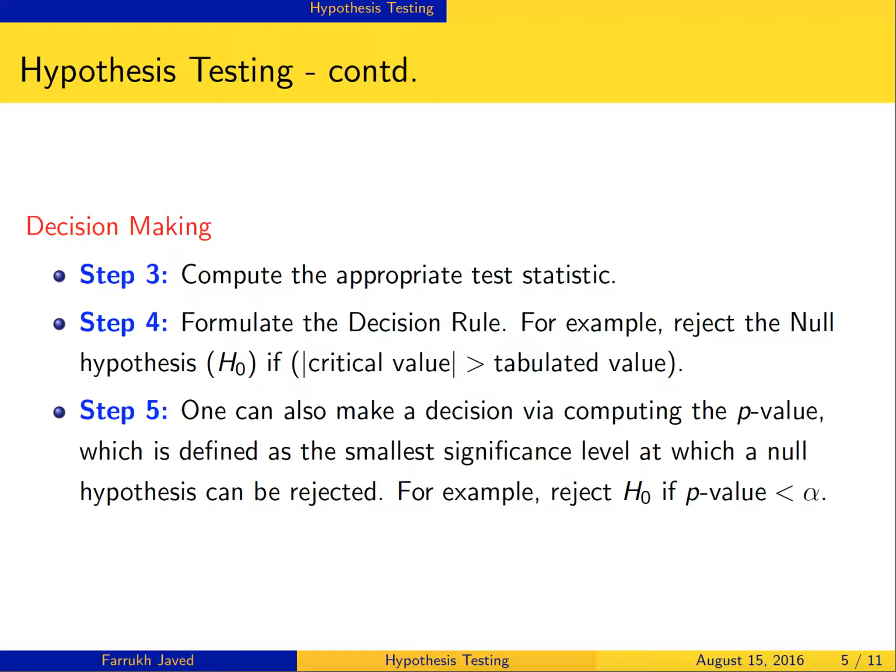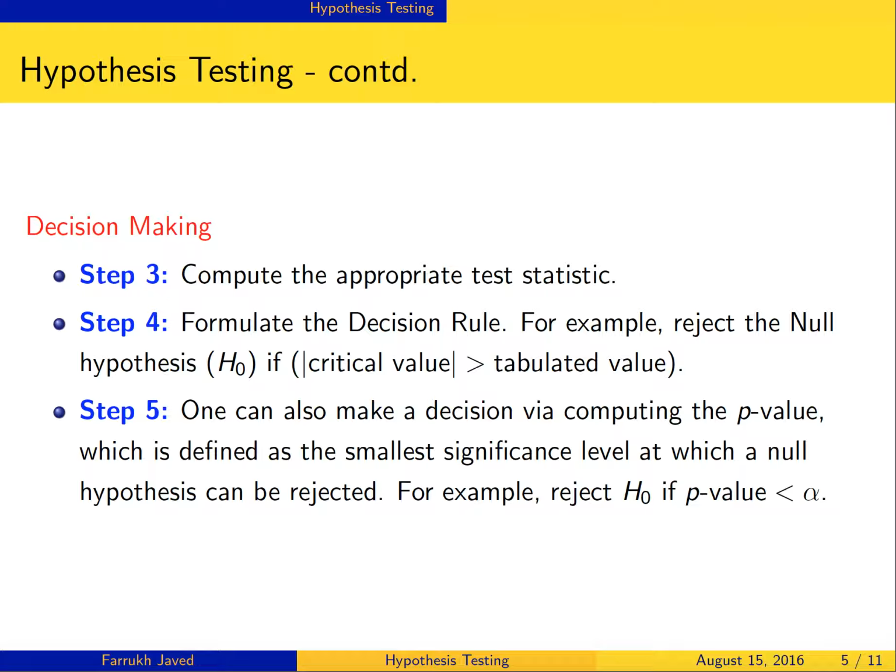Well, the p-value is defined as the smallest significance level at which a null hypothesis can be rejected. So we say that, okay, our hypothesis is true, and I have 95% confidence in my hypothesis, and my alpha is 0.05. So I'm not going to reject. So we sometimes calculate what probability is required to reject that true hypothesis.